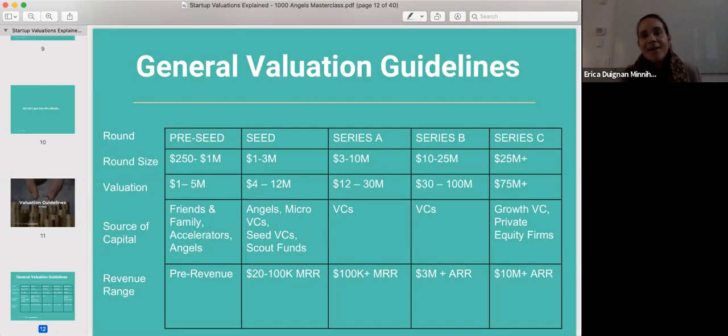Probably not quite as low as 1, but it's possible that if somebody was taking in just a few $100,000 from friends and family, they might give them a bit more. But generally, it's basically sub $5 million, and I would say even closer to the $3 to $5 million range. But I've invested in deals as a non-friend and family where the valuations have been as low as $2.5 million.